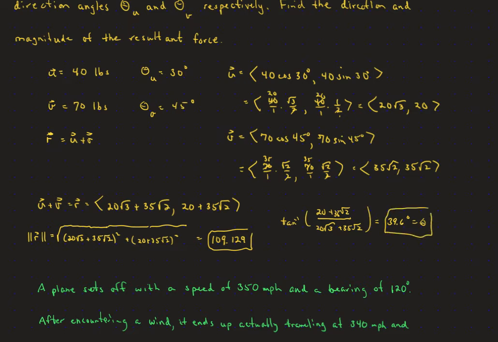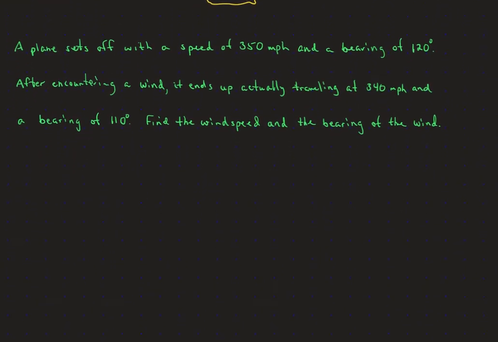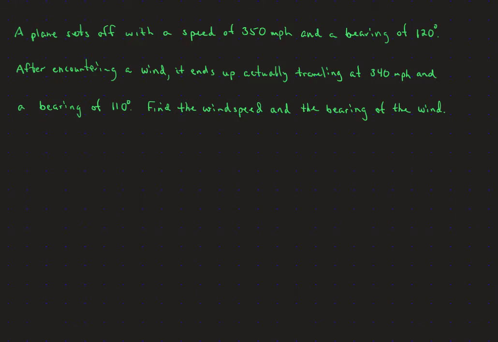Okay, let's see what we've got up here next. So now a plane sets off with a speed of 350 miles per hour and a bearing of 120 degrees. So this is what we will call airspeed.